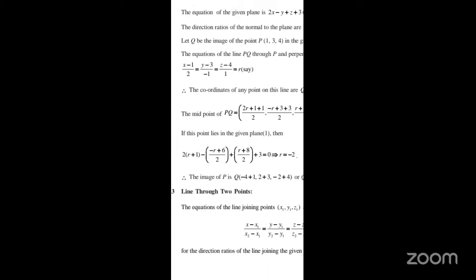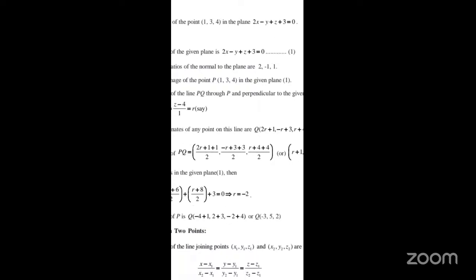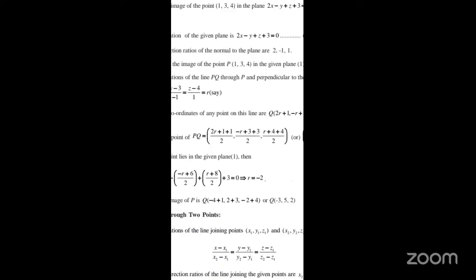The midpoint of PQ: the P point is known and the Q point is known. So according to the midpoint formula, P point is 1, 3, 4 and Q point is 2r plus 1, minus r plus 3, and r plus 4. So the midpoint of PQ equal to x1 plus x2 by 2, where x1, y1, z1 is 1, 3, 4 and x2, y2, z2 is the Q point.